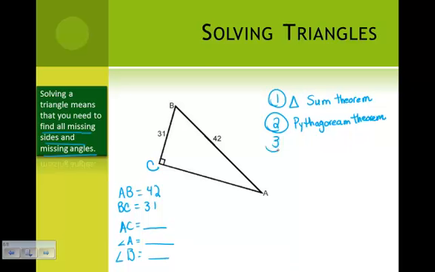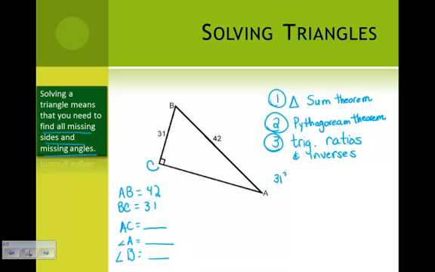And then the third thing you want to keep in mind are your trigonometric ratios and inverses, because using those you can find missing angles. Okay, so the very first thing I think I'm going to find is AC. I'm going to use Pythagorean theorem to find AC.